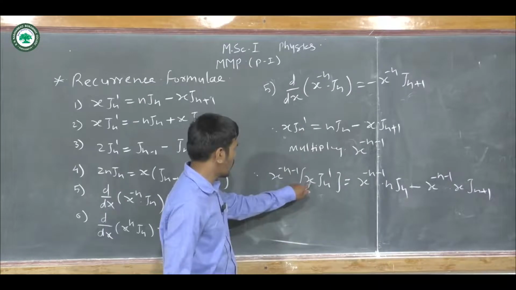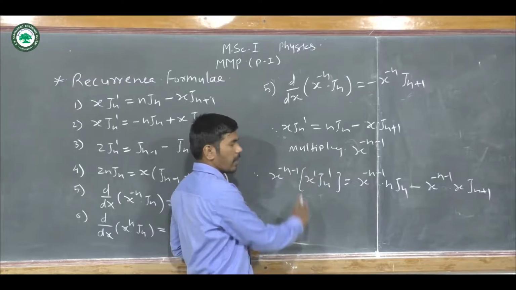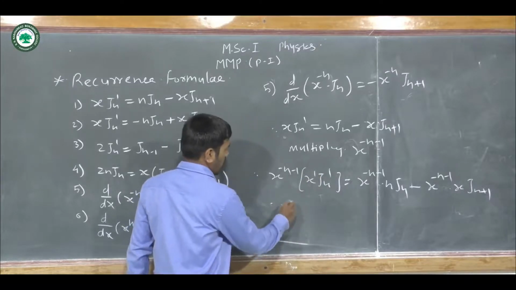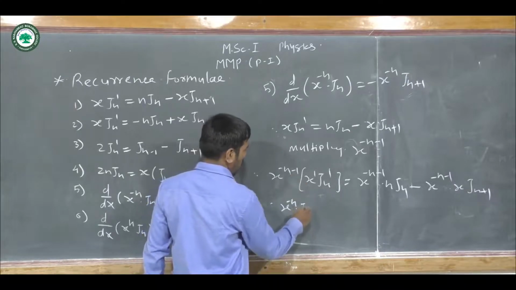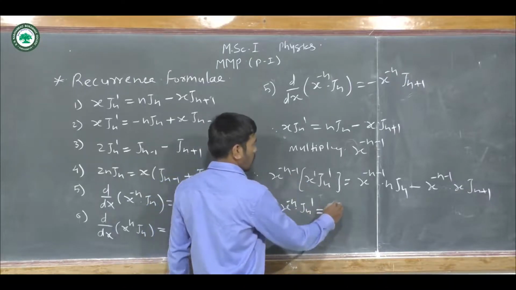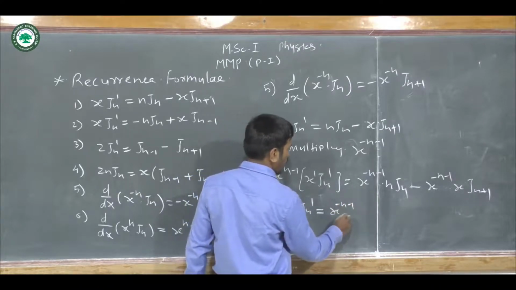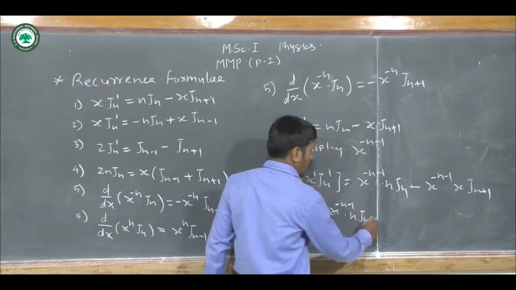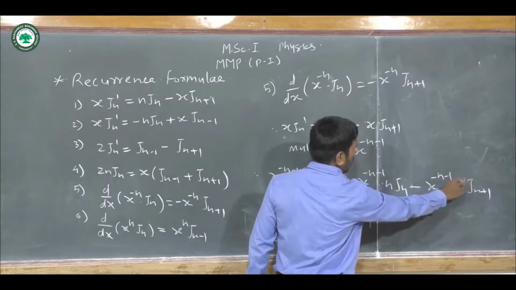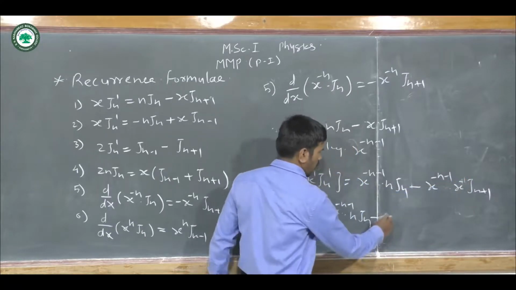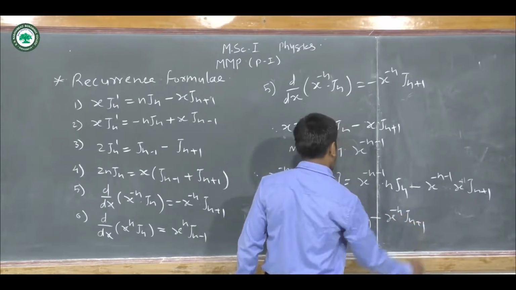Here the power of x is 1, so this minus 1 and plus 1 will cancel out, and this becomes minus x power minus n into Jn prime is equal to x power minus n minus 1 into n into Jn minus, here also the same thing, the minus 1 and plus 1 will cancel out, so this becomes x power minus n into Jn plus 1.